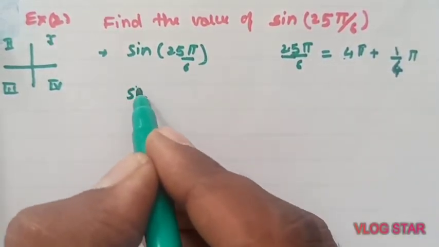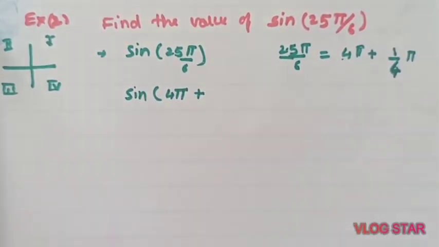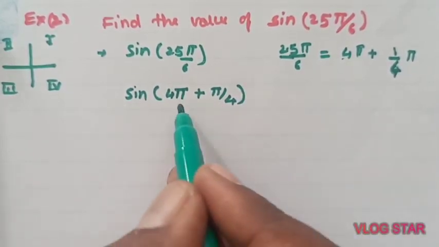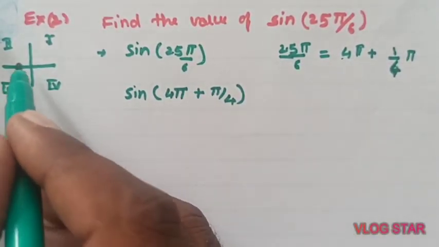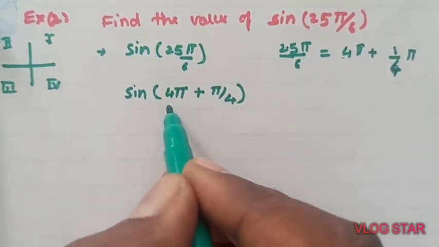So sine of 4 pi plus pi by 6. And as we have learned, 4 pi means 2 rotations. 2 rotations, and plus pi by 6 means where does it lie?